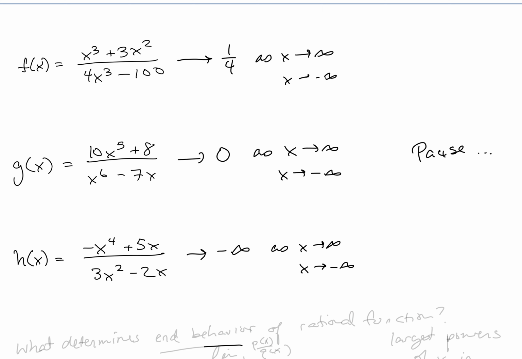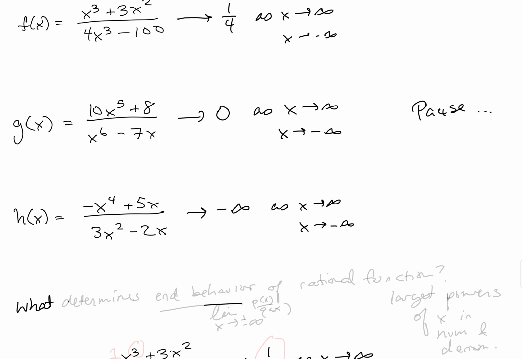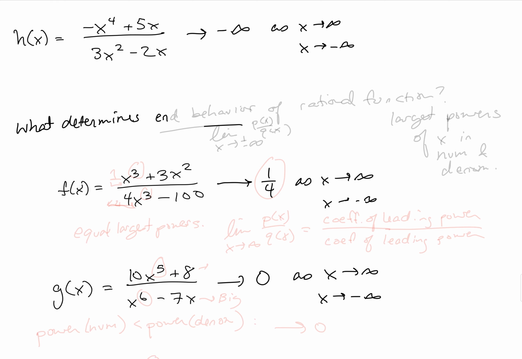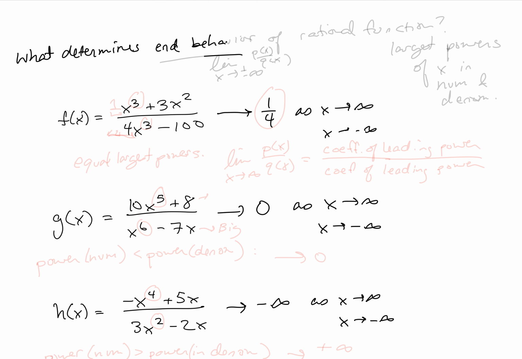Okay, so basically what determines the end behavior of a rational function, a polynomial over a polynomial?